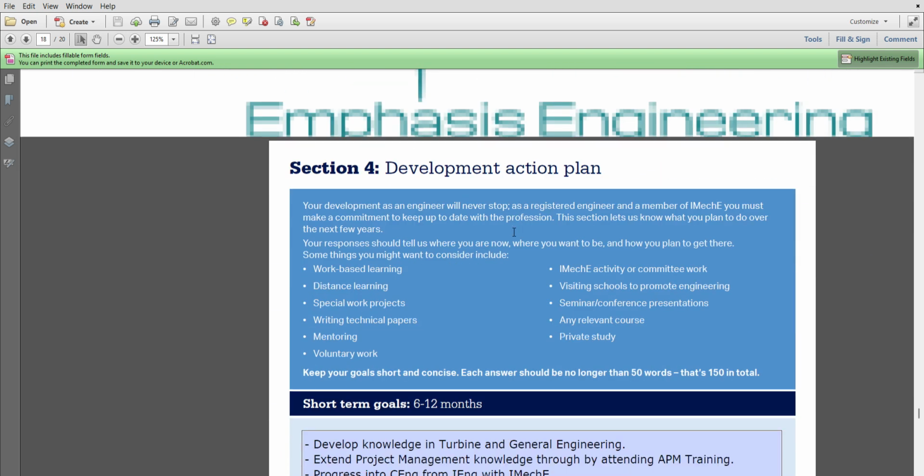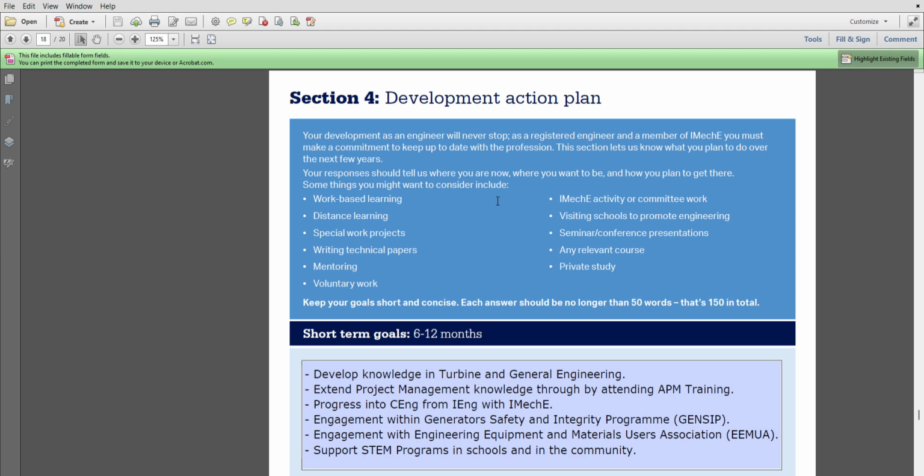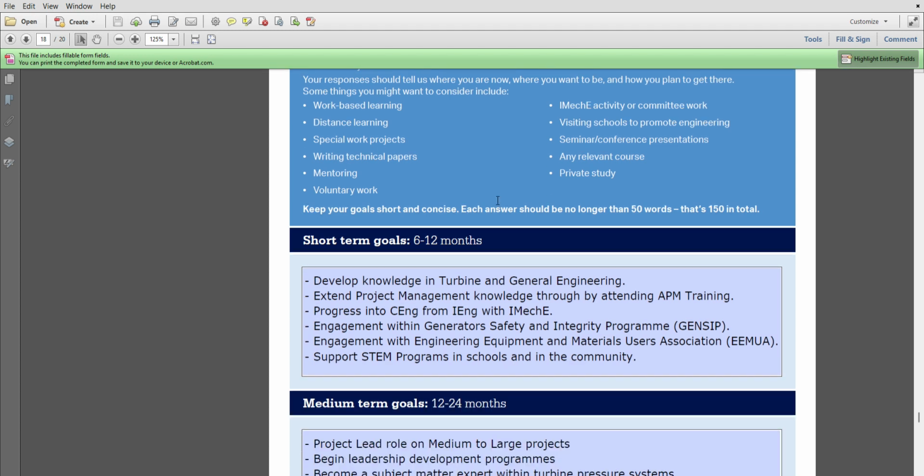Section 4 is on the development action plan. We have got a more elaborate example for you, but what the assessors are looking for is your plan. It doesn't have to be too complex. So in this case, the candidate has got 6 bullet points. You could have 5. I think a reasonable number is 6.